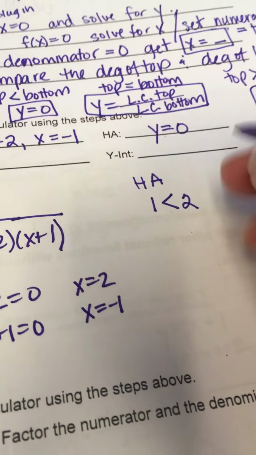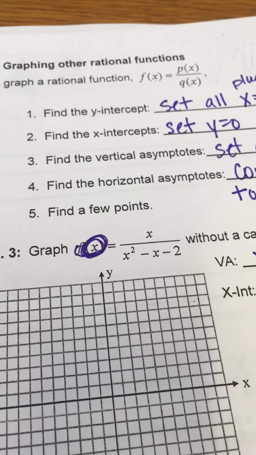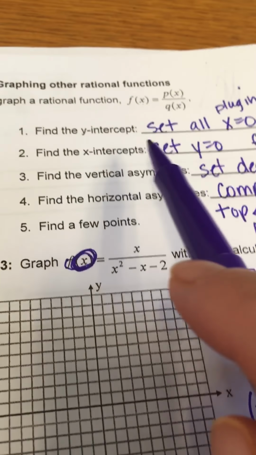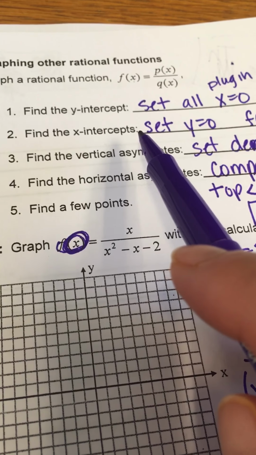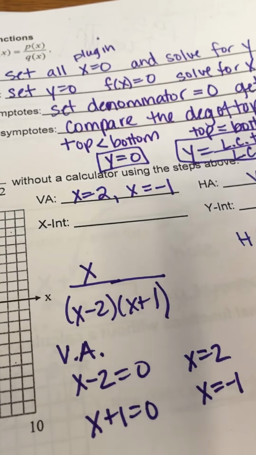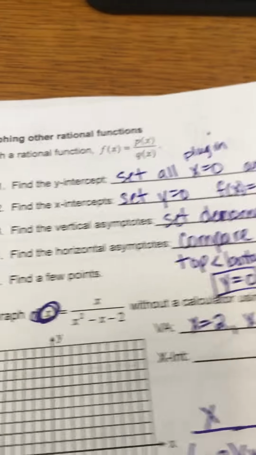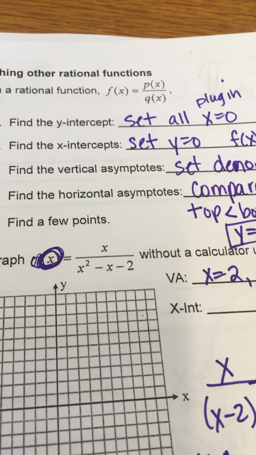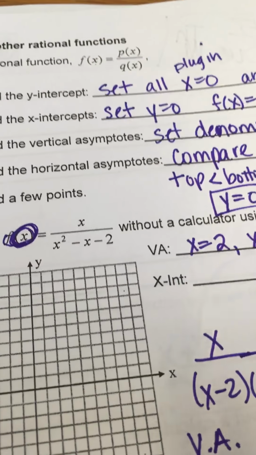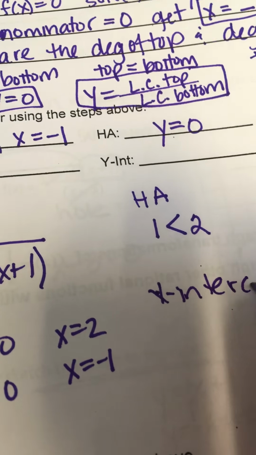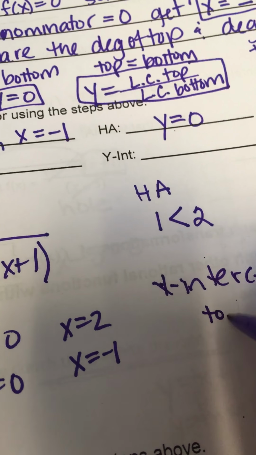Alright, so for the x-intercepts, we set the top equal to 0.